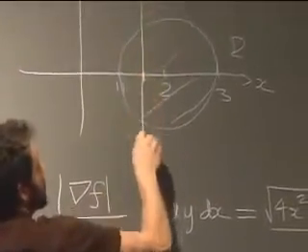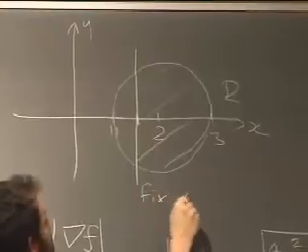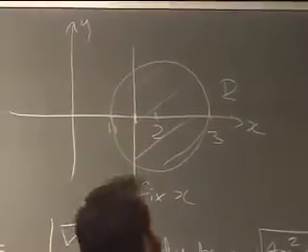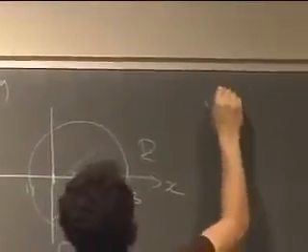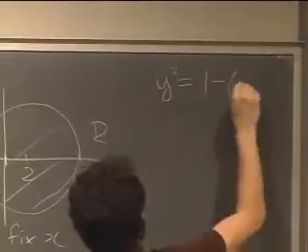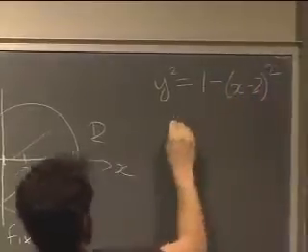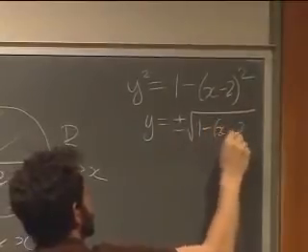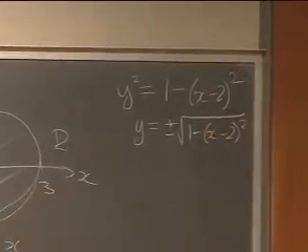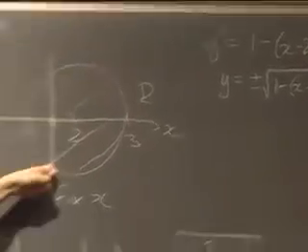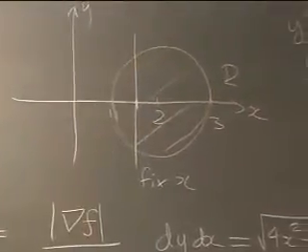That corresponds to a vertical line, and I have to see what y does. Well, if you solve this equation for y, you find that y squared, I'll just solve the equality, is 1 minus x minus 2 all squared. So y is plus or minus the square root of this. And of course, the minus is the bottom half, and the plus is the top half. So y in is the negative, and y out is the positive.